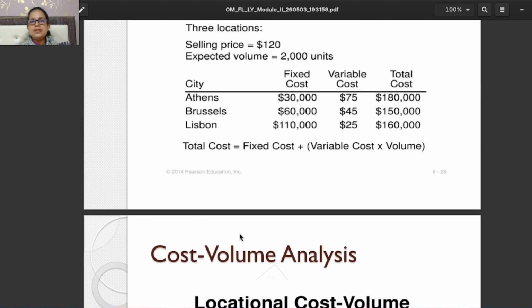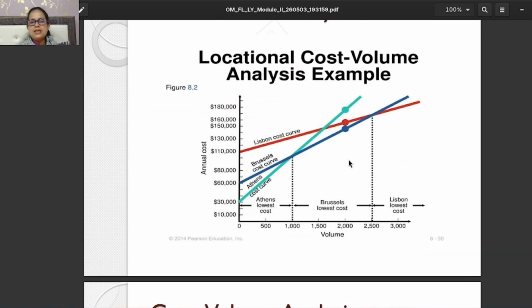Total cost for Athens is 1,80,000. So we get one point at 30,000 and another point when we plot at 2000, because our volume of production is 2000. So here you will get one point, that is 1,80,000.